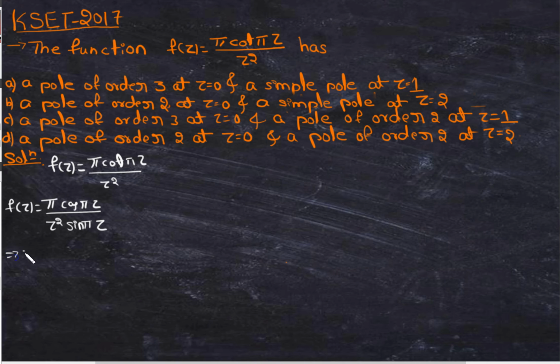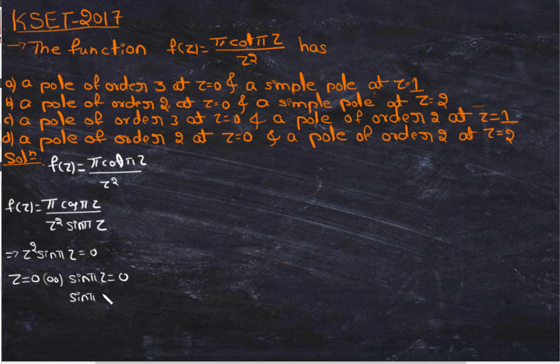It implies z square sin pi z is equal to 0. It implies z is equal to 0 or sin pi z is equal to 0.